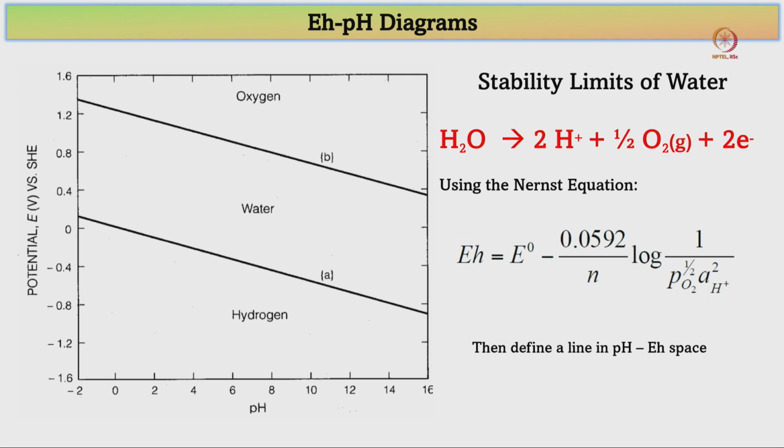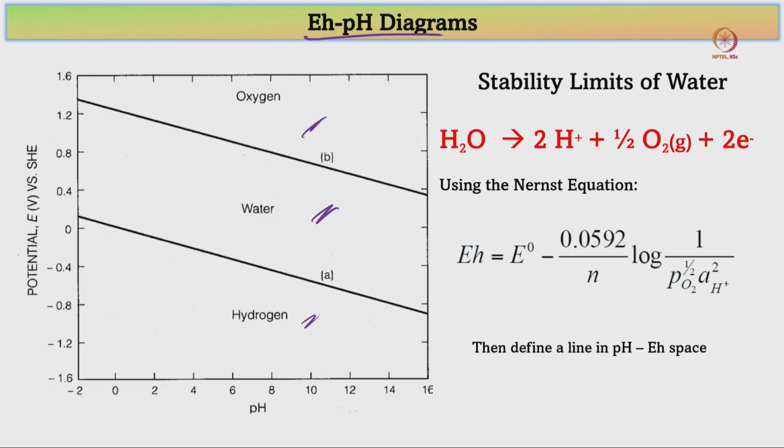From this particular slide, we are trying to understand how to create the EH-pH diagrams. We are going to derive these equations, find the slope of the lines, and see which species will be stable in each field.